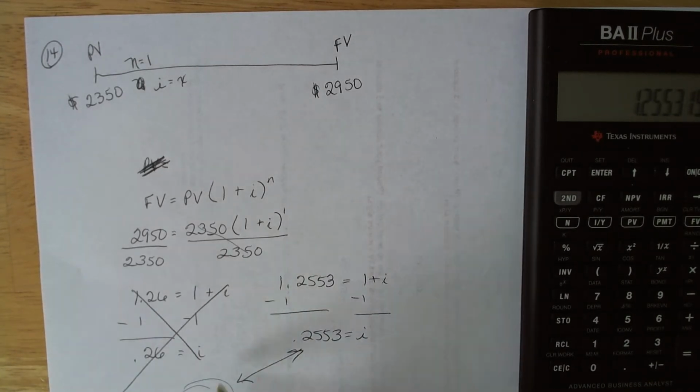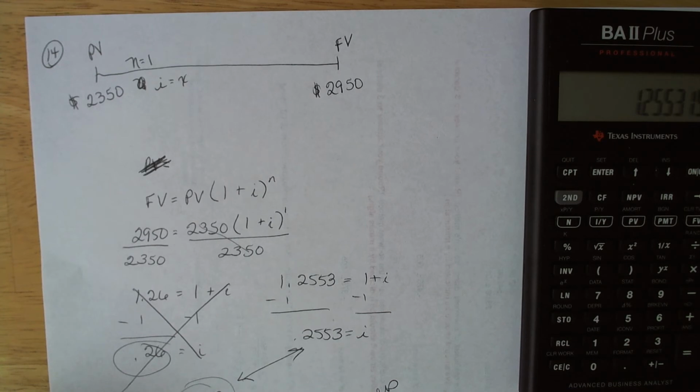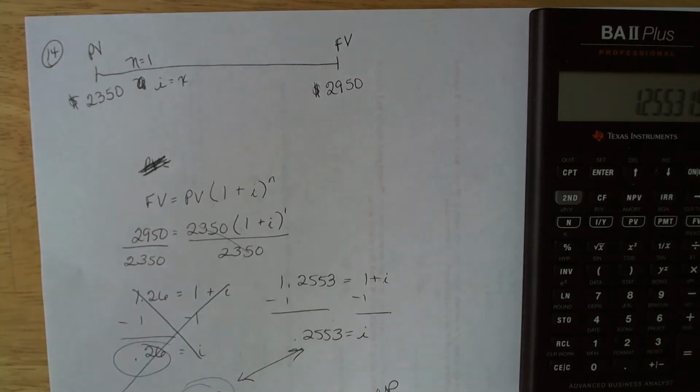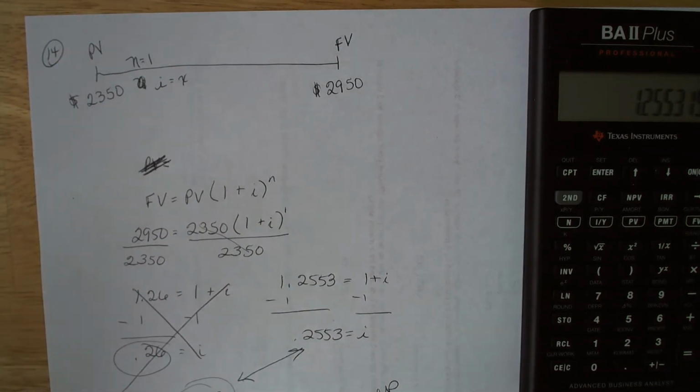So the difference between the original answer of 0.26 and 0.2553 was the number of decimal points set up on my calculator. And this problem covers 14 through 15. We are halfway through the review.